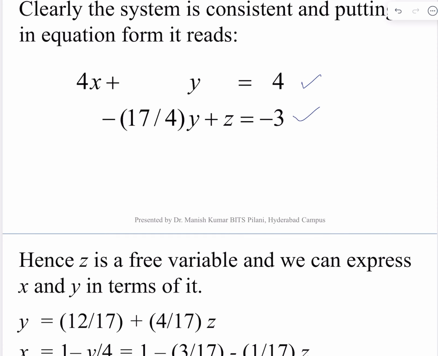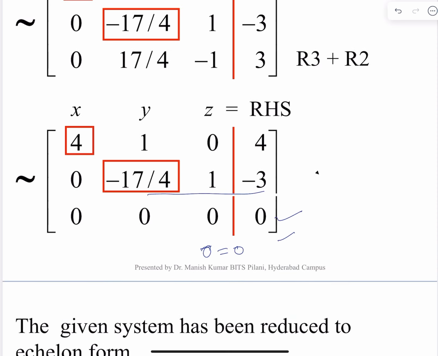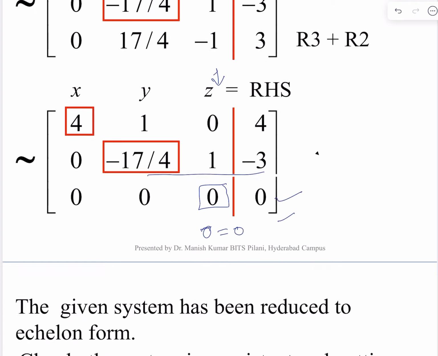So z is the free variable here. Why is it a free variable? If any column does not have a pivot, the column which does not have a pivot in the echelon form is assumed to be a free variable in that system. So z is not having any pivot entry. So z is a free variable. z can take any value, whatever z wants.